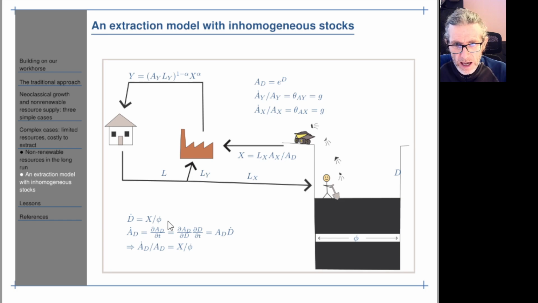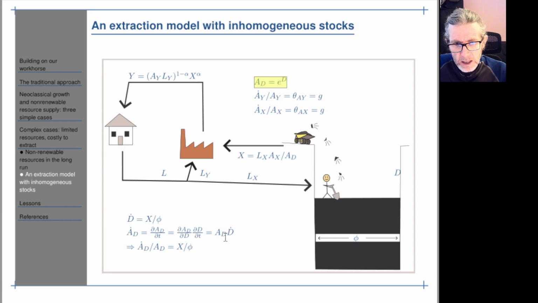And then AD dot here, what's the rate of change of AD? That's dAD by dt. Sorry, not the rate of change, just the change. It's dAD by dd times dd by dt, right? So how much does AD change with time? It's how much AD changes with d, and then how much d changes with time. dAD by dd is just AD, that's the differential of an exponential is the exponential.